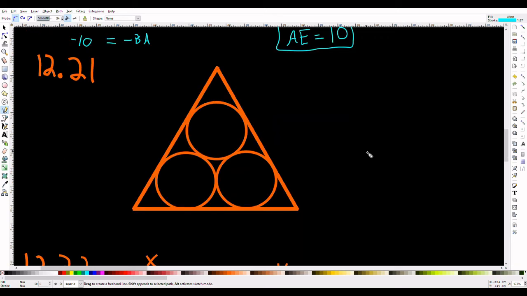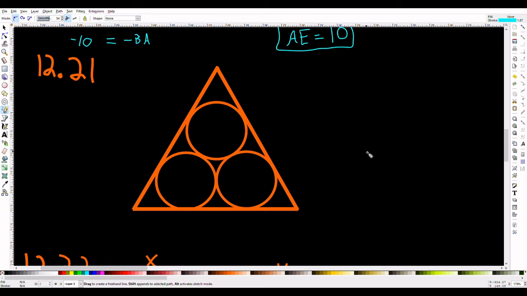Next, we work on problem 12.21. Let's read that out loud. 3 congruent circles with radius 1 are drawn inside equilateral triangle ABC, such that each circle is tangent to the other two and two sides of the triangle at the same time. Find the length of triangle ABC.